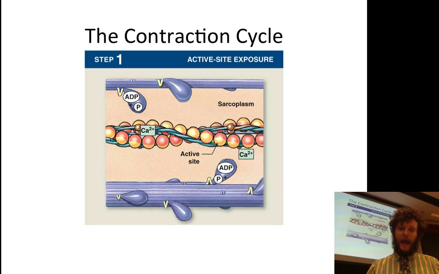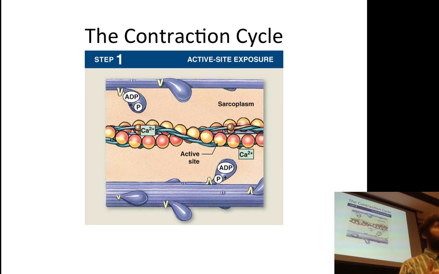So notice what's happened here before we move on. Notice what we have here in the myosin. We've already gotten that first contraction for free. There is ADP and inorganic phosphate bound to the head of that myosin subgroup.